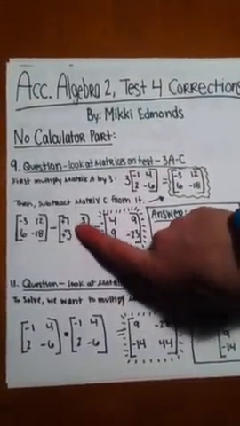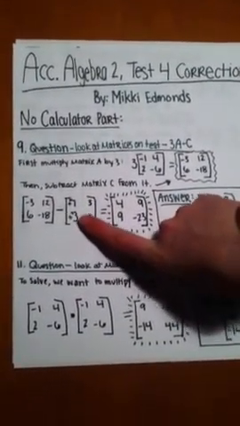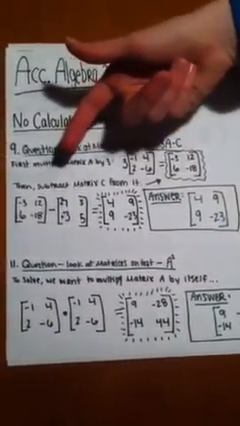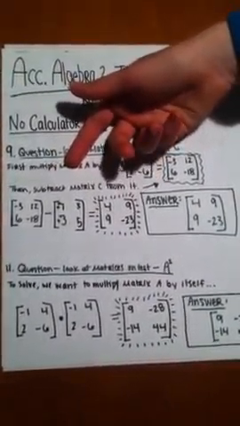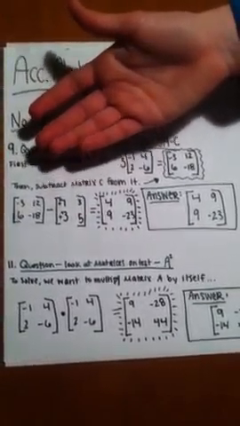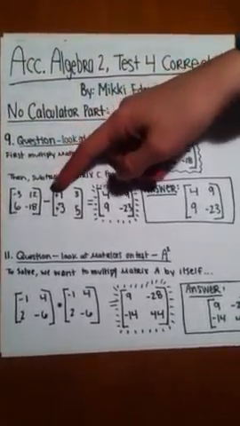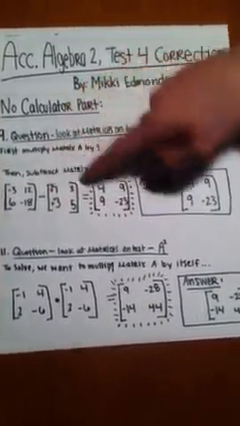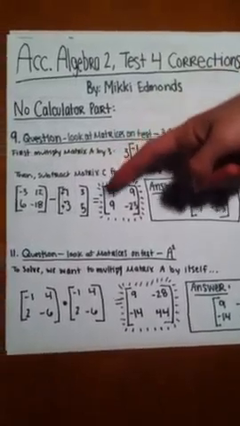Matrix C was -7, -3, 3, 5, and if you're subtracting a negative, it's like adding a positive, so you change these to positives and add them, but these you'd still subtract, so you get 4, 9, 9, and -23.